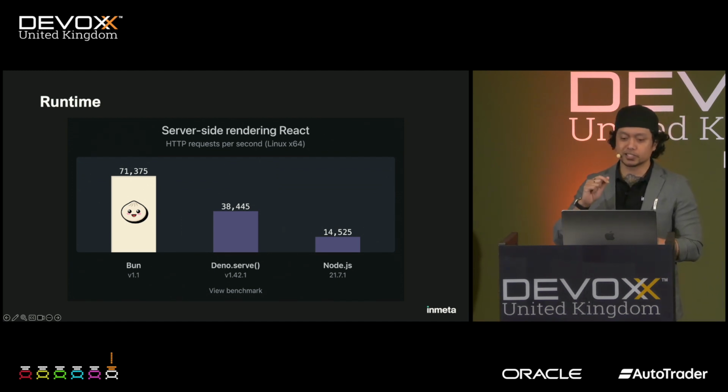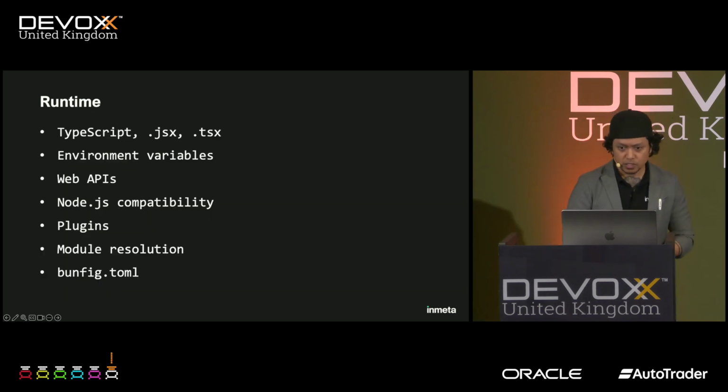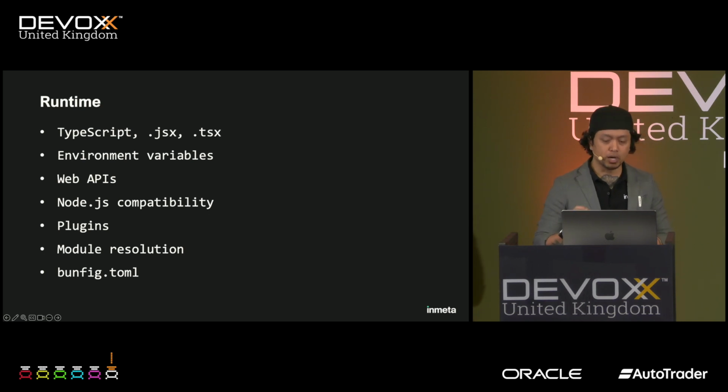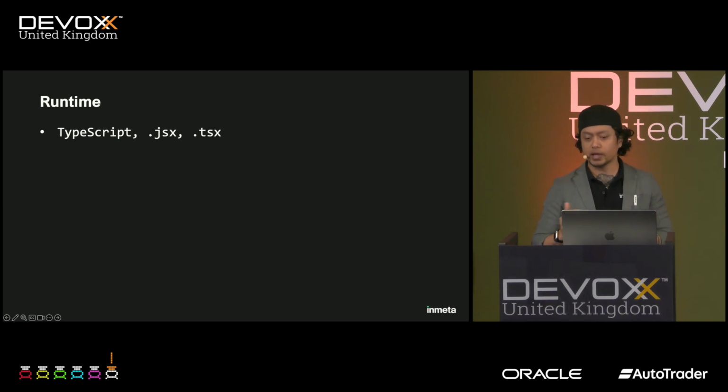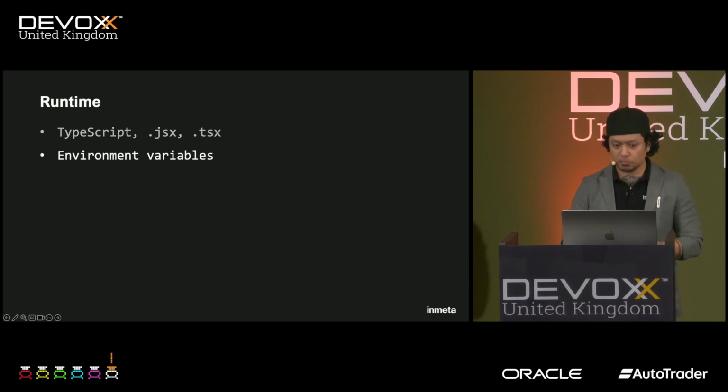Additionally, its transpiler and runtime are built with Zig, which has 4 times faster startup times on Linux compared to Node.js.